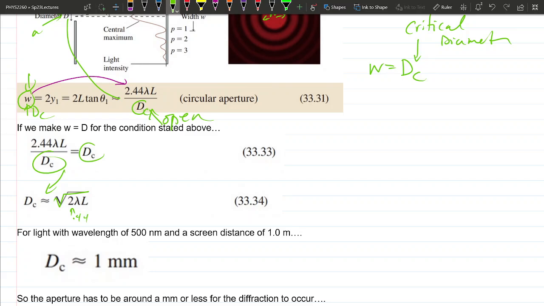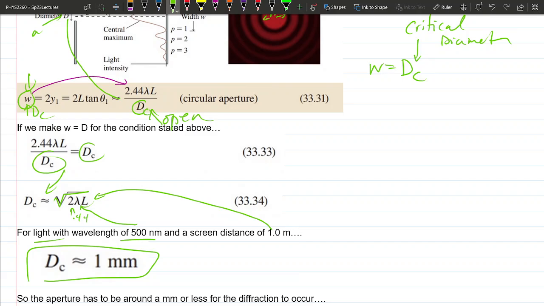If we were dealing with green light, for example, green light has a wavelength of about 500 nanometers. We plug in the wavelength of the light here, and let's say we're dealing with a screen that's about a meter away. We plug in L there, and we just punch this into a calculator. We get a critical diameter of about a millimeter.